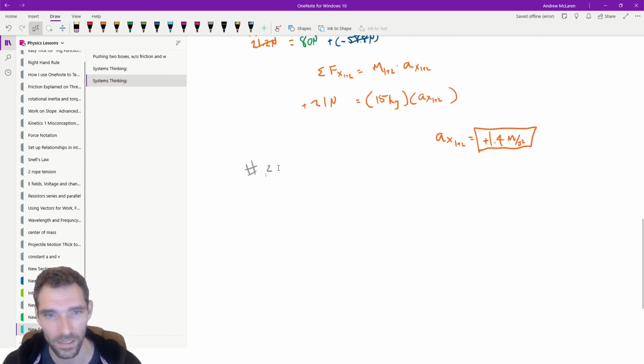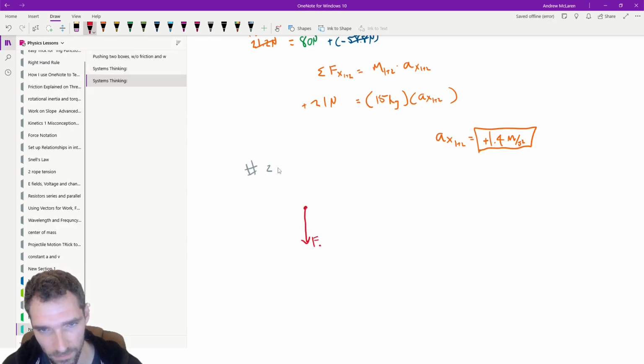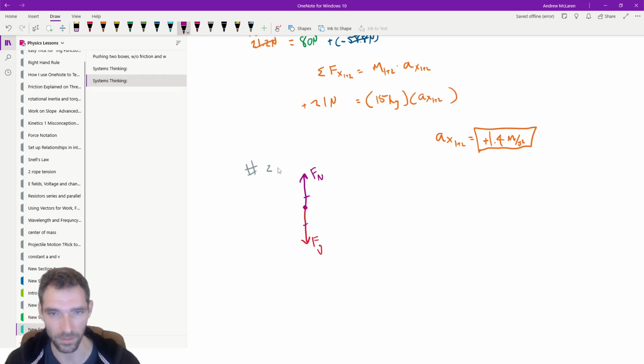So for object 2, there is some sort of force of gravity down. There's some sort of normal force up. Those being equal and opposite to each other is going to be somewhat important. But this is for object 2. So we're just going to put those labels on there.